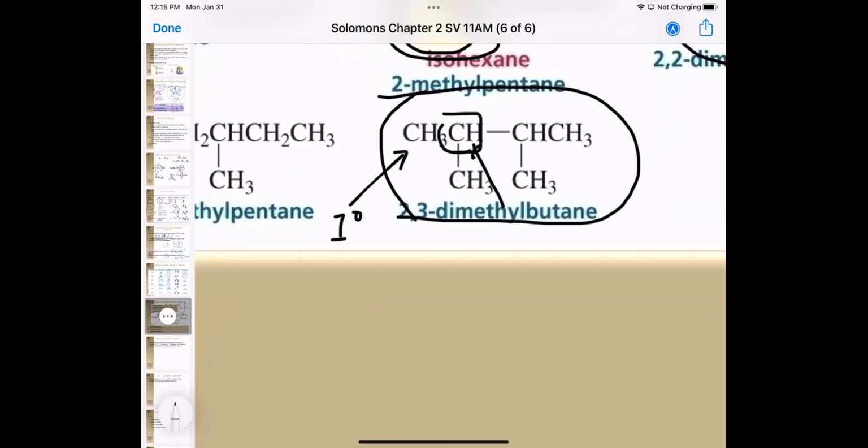What's this carbon? How many carbons are attached to it? 1, 2, 3 carbons attached to it. What is it? Tertiary, okay? And that makes that a primary and that a primary. And what's this one now? Tertiary.